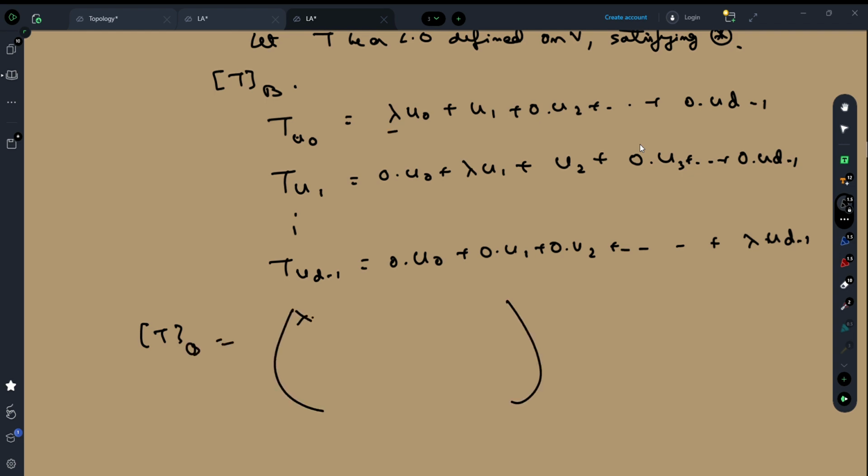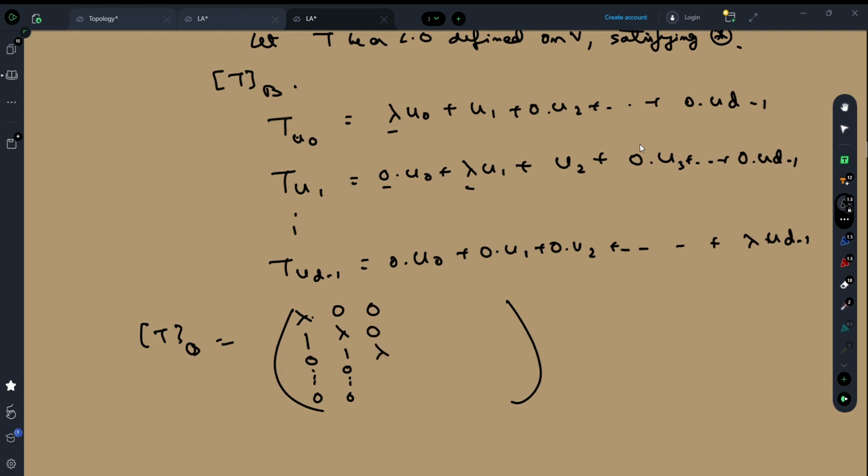So we have lambda here. Then we have 1 here, and all the other elements are 0. Then we have 0 in the first place, lambda here, 1 in the immediate next position in the column, and all the other elements are 0. Obviously this trend continues.